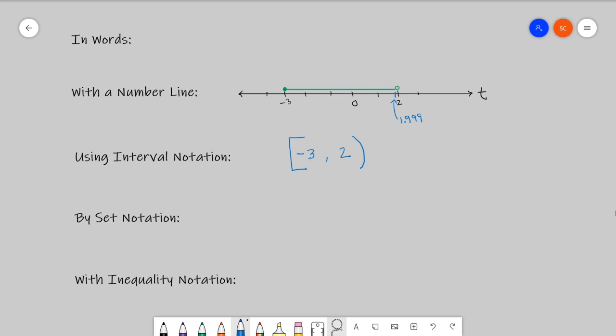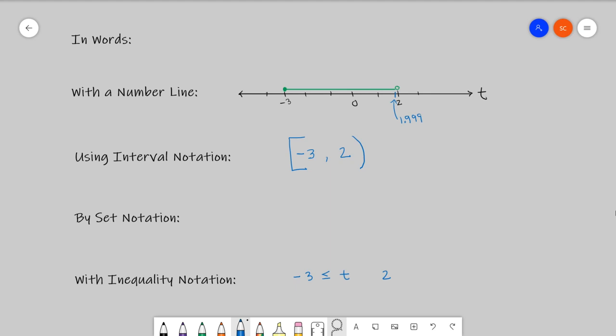In inequality notation, we're going to, again, come off the graph or off the number line and put -3 on the left. We're going to put t in the middle, and we're going to put 2 on the right. Now I'm going to fill in my inequality symbols. So -3 compared to t, well, that's going to be less than t, right, because it's on the left boundary, but t can also be equal to it.